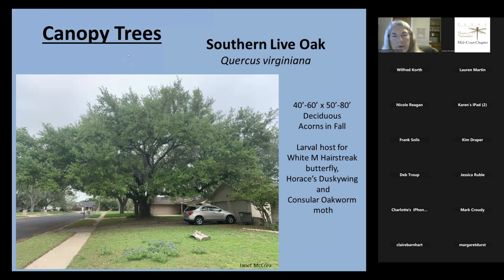So first, we have our canopy trees, and this is your southern live oak, which is also known as a coastal live oak. It gets pretty tall, probably up to 60 feet tall, but really it's the width. It's 80 feet wide at full maturity. And this tree is in my neighbor's yard. It's not really a good tree for an urban lot.